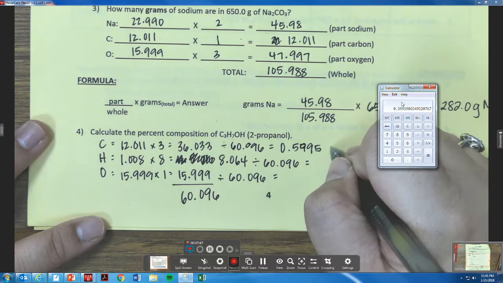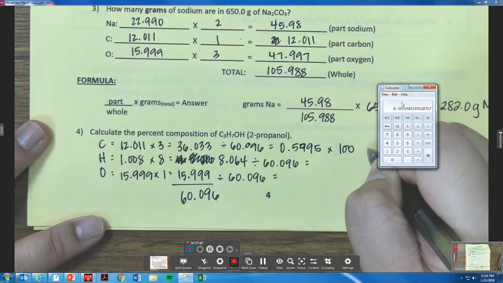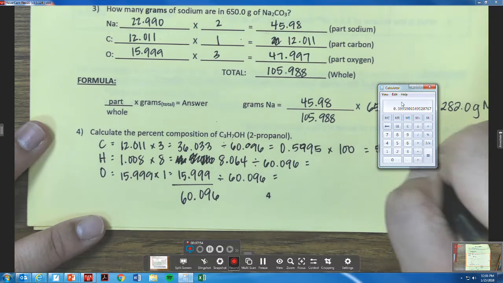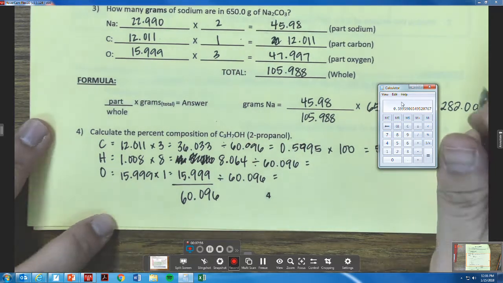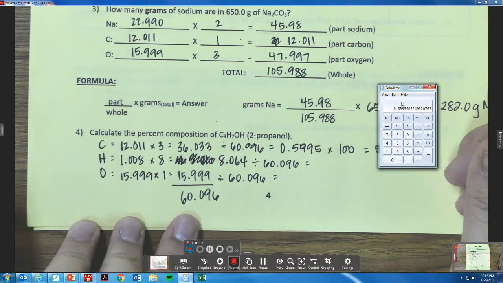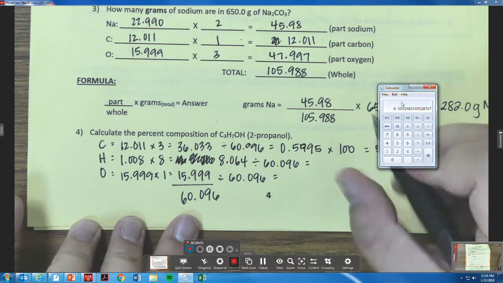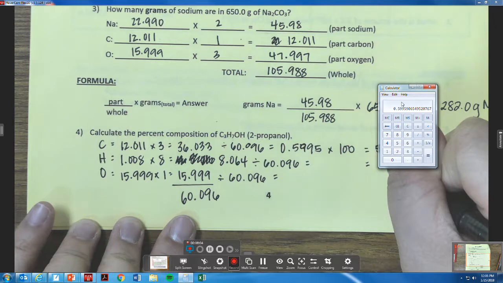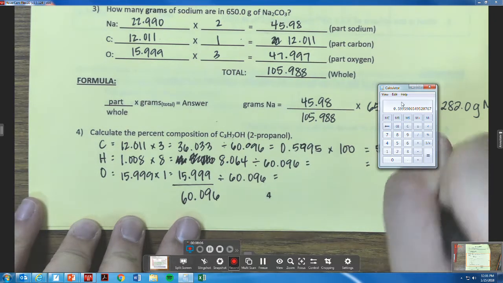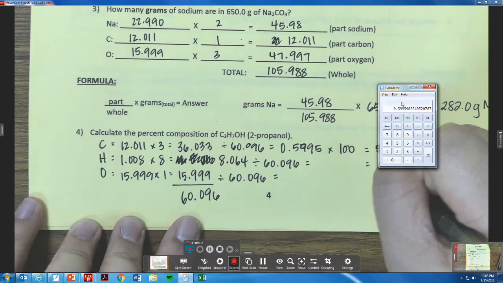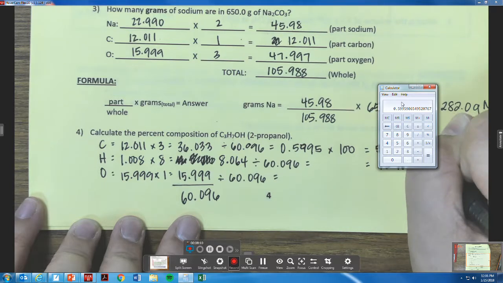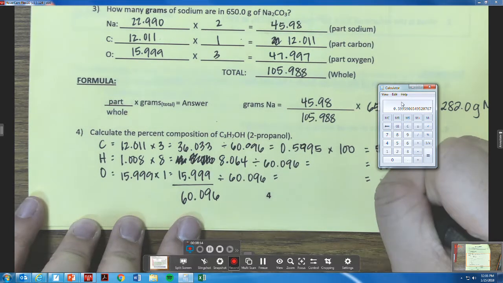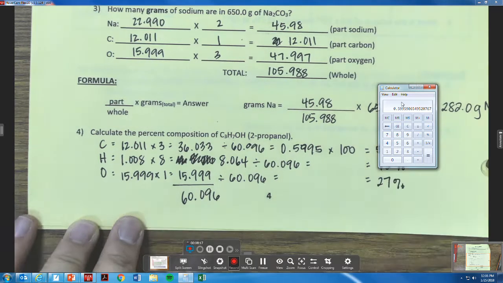Remember, we still have to multiply by 100, so that'll be 59.95. Hydrogen comes out to, I rounded, my key is different, so you should get something close to 13%, and for oxygen something close to 27%.